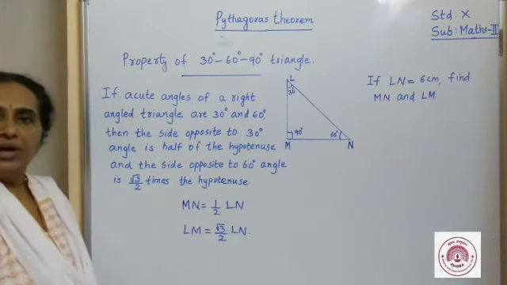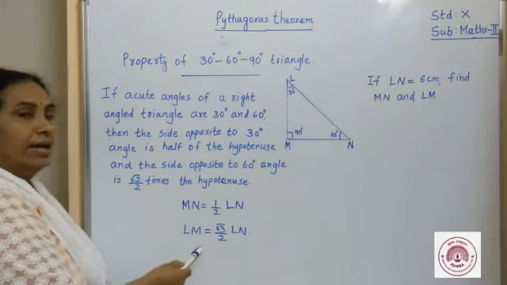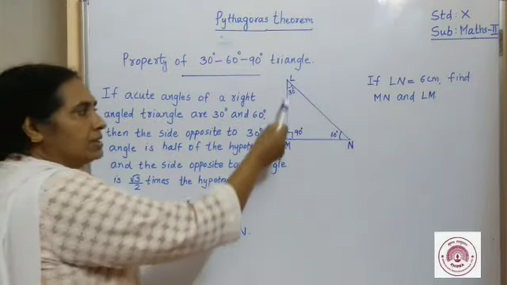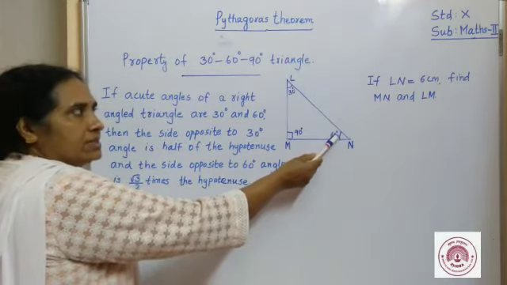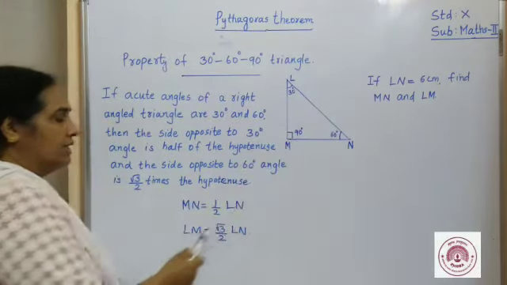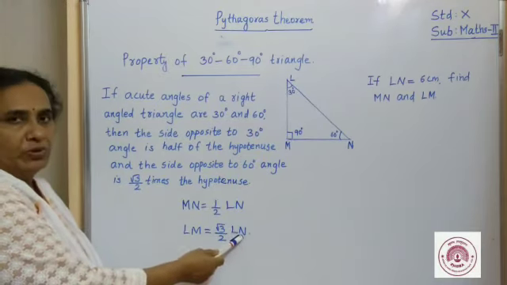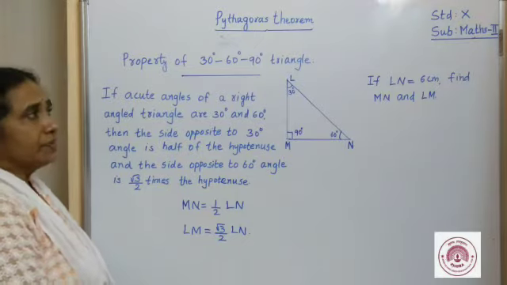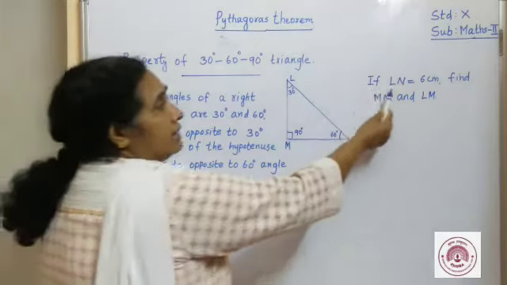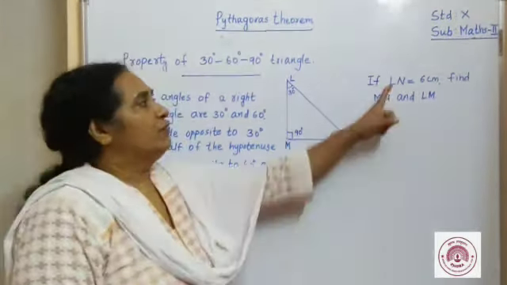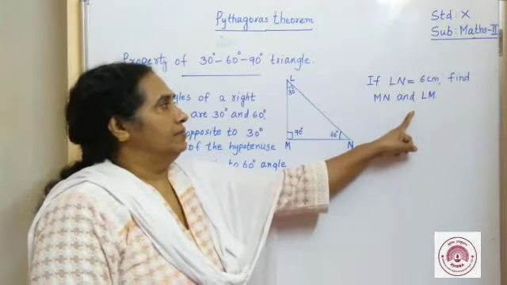So MN is equal to half of LN, and LM, the side opposite to 60 degrees, is equal to root 3 by 2 times the hypotenuse, that is LN. Now here, if LN is equal to 6 centimeters, find MN and LM.